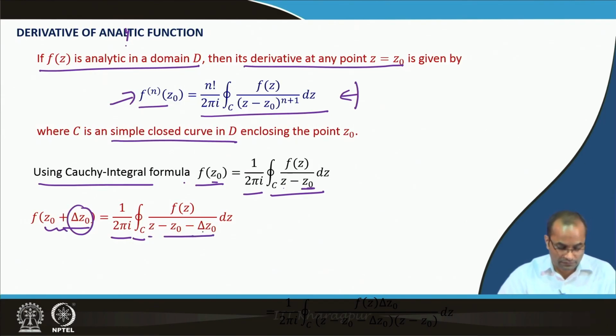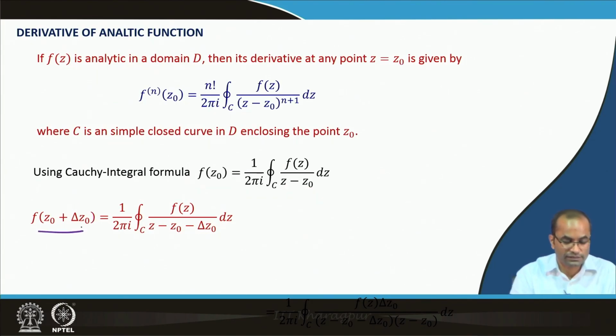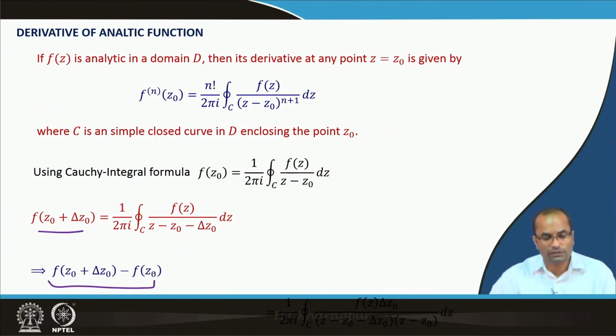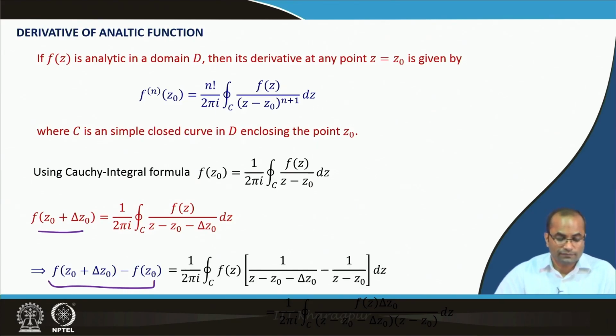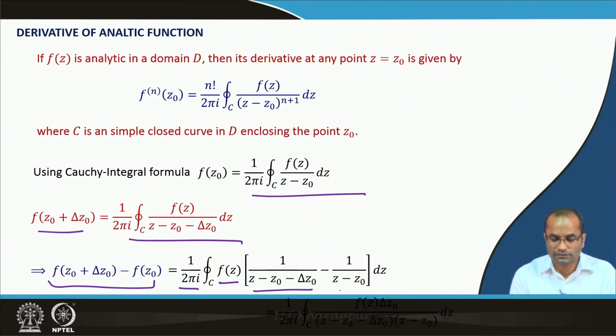So, this is now the result for f(z0 plus delta z0), and we can look at the difference, f(z0 plus delta z) minus f(z0), by this integral. We have 1 over 2 pi i, f(z), and the first term 1 over (z minus z0 minus delta z0), and the second one 1 over (z minus z0).